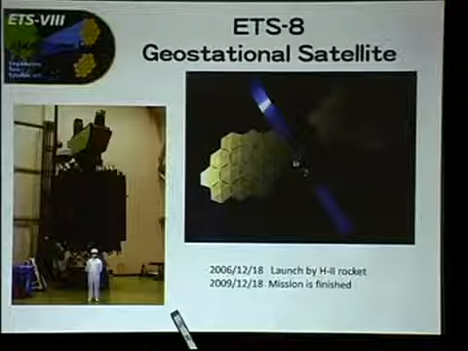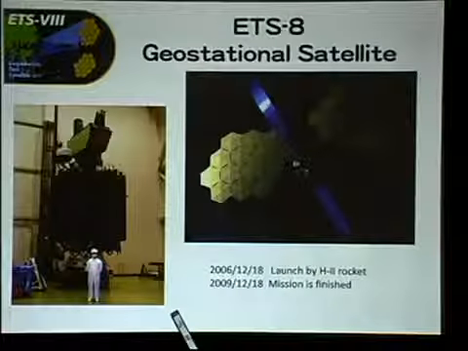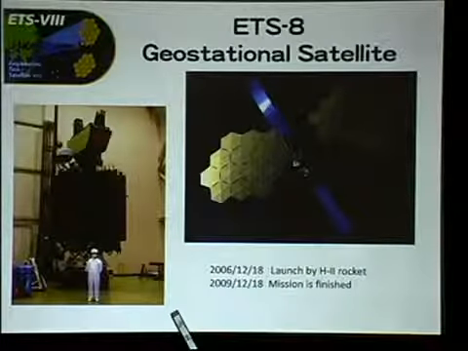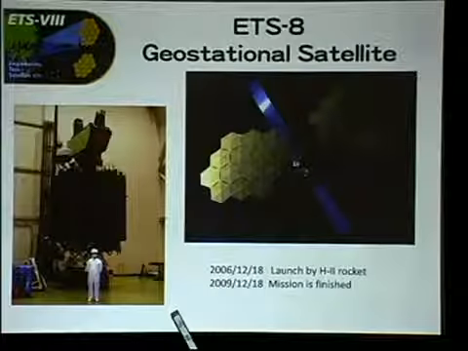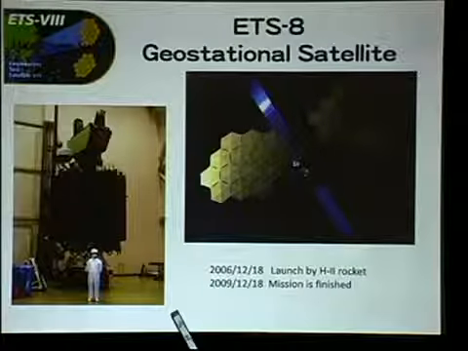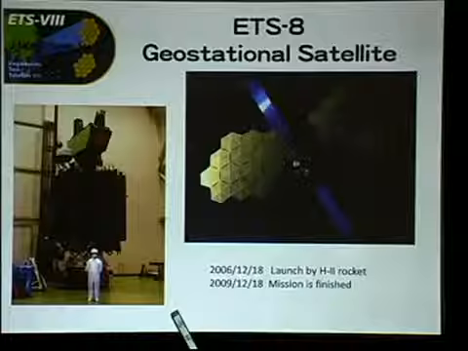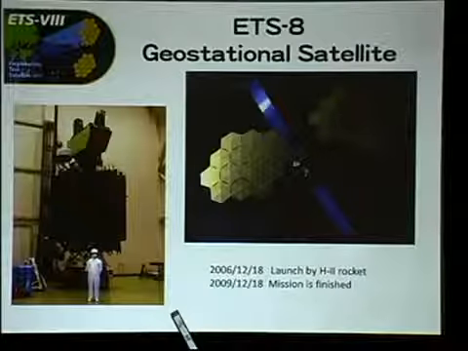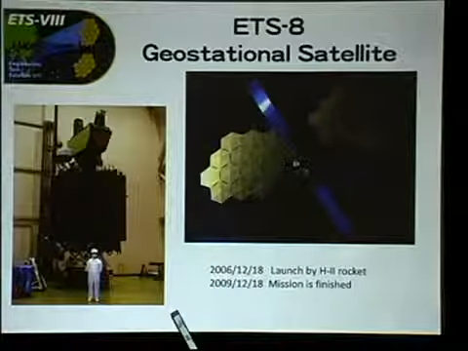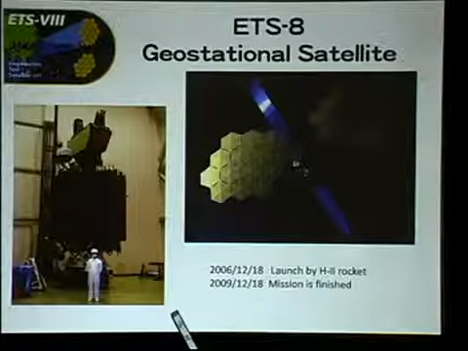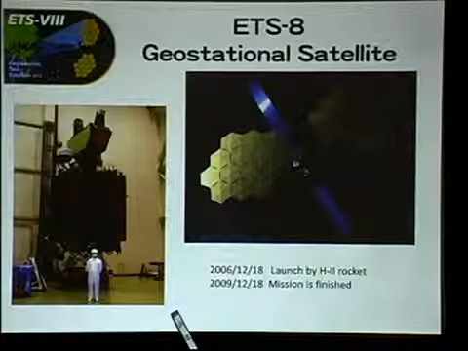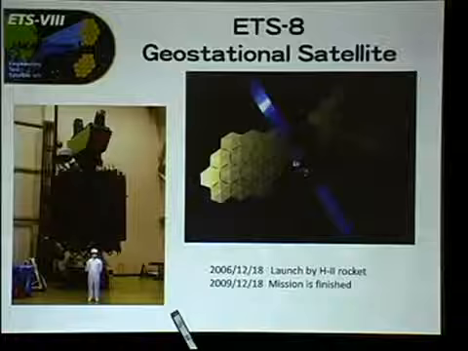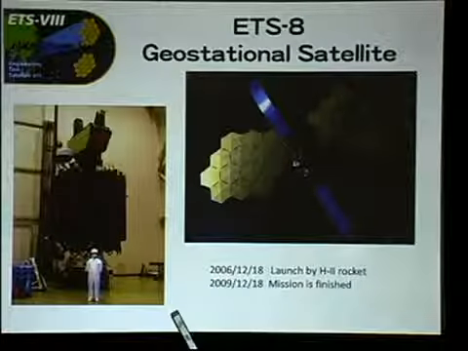In the case of the solar power satellite, the atmosphere is only 10 kilometers, so maybe we get no influence from the atmosphere. But we have to verify the influence from the atmosphere.